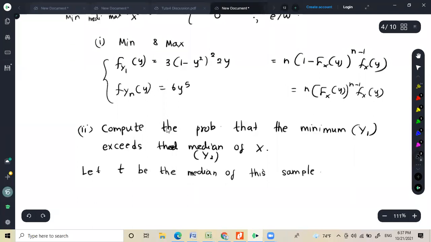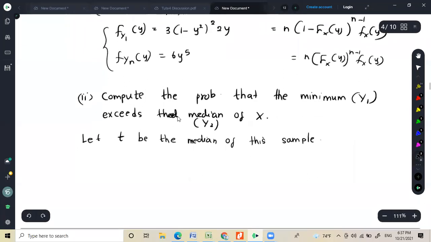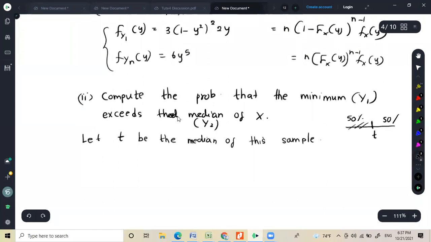Now we are going to find the median. How do you find the median? What is the property of the median? The median is the midpoint. You have 50% of data to the left, 50% of data to the right, or 0.5 probability each, because it's the midpoint. Total probability is 1. Exactly at the median, it divides the whole data set into two parts, first half and second half.